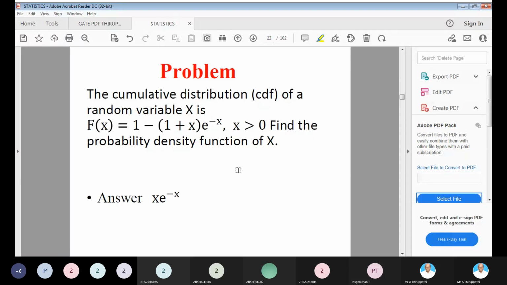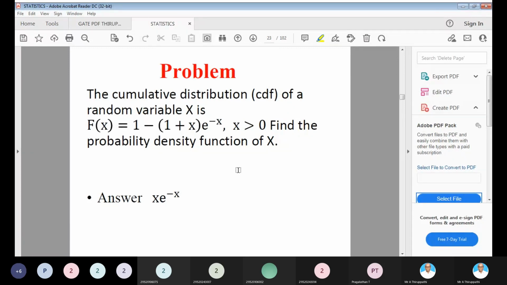Capital F of x equal to the integral, the lower limit is always minus infinity, upper limit is equal to x, from minus infinity to x, f of x dx. Suppose capital F of x is given, how to find the small f of x, the probability density function?